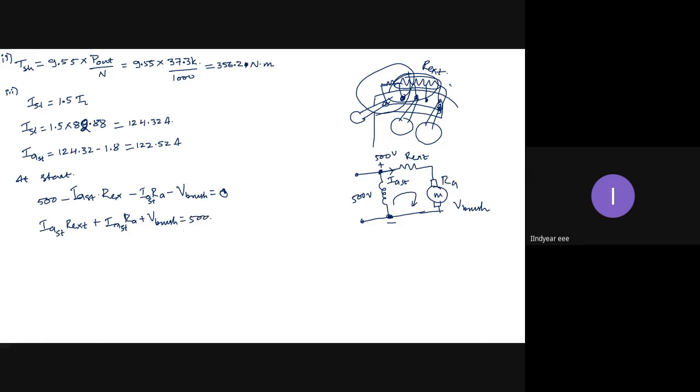So now the complete applied voltage is the drop. Or I can write IAST into (R external plus RA) plus V brush equals 500.